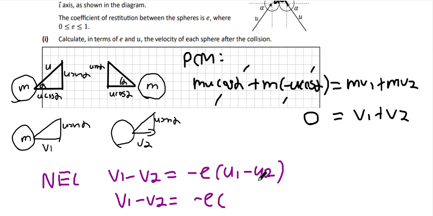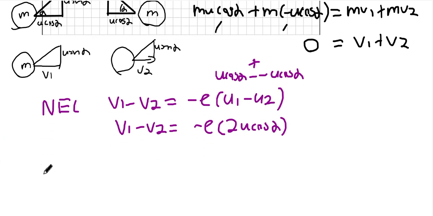The tricky part is the u1 minus the u2. So it's actually u cos alpha minus another minus u cos alpha. And what happens to the two minuses? It becomes a plus, so it's 2u cos alpha. And then it becomes v1 minus v2 equals minus 2Eu cos alpha.